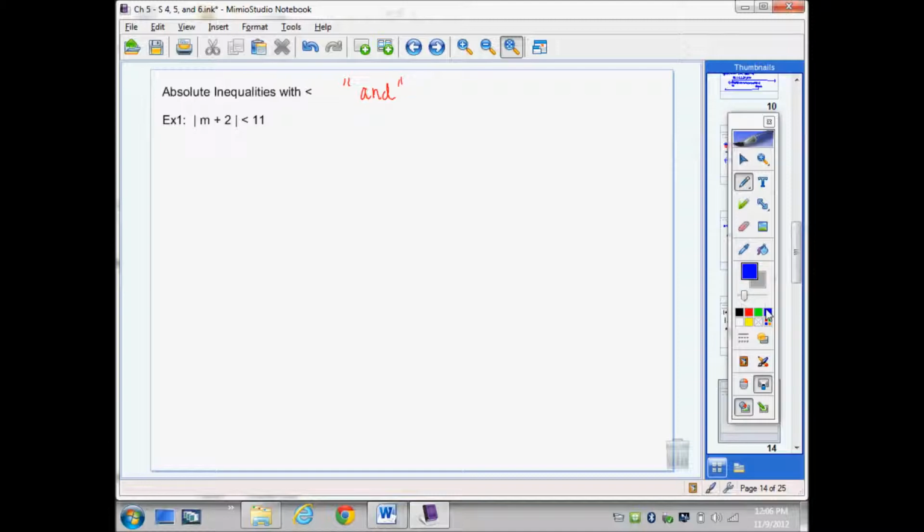Okay, I have the absolute value of m plus 2 is less than 11. Now I have to split this. And I have to have m plus 2 less than 11. And then I also have to have a negative 11. Here's where you want to remember. If I change the sign, I have to flip the inequality.